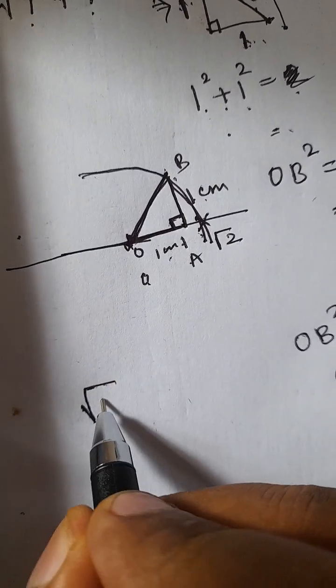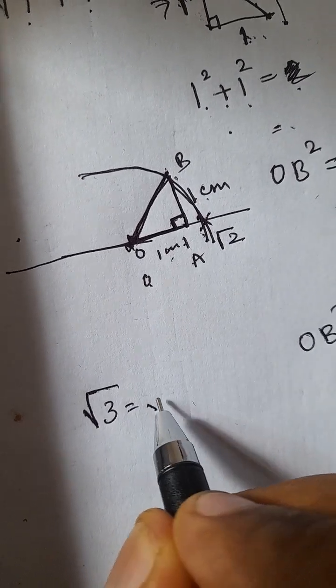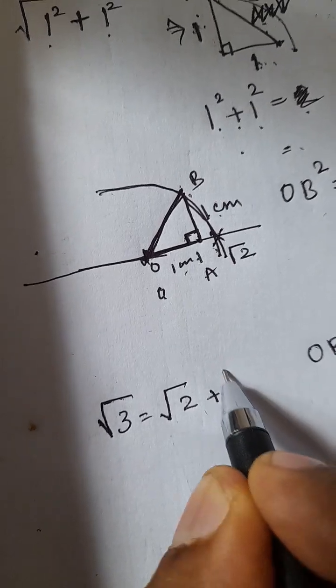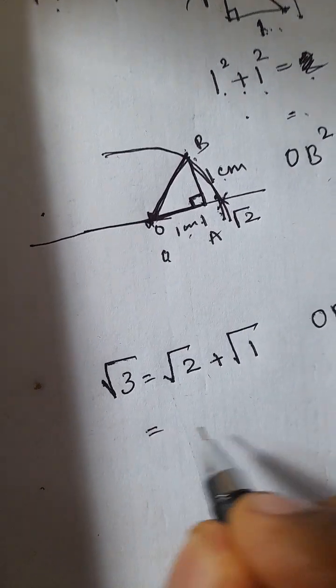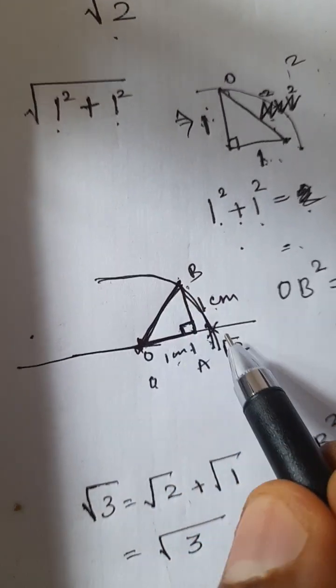So, hold on. Square root of 3 is nothing but, I can say, square root of 2 plus square root of 1. This will bring me square root of 2 plus 1, 3. So now I already have represented square root of 2.